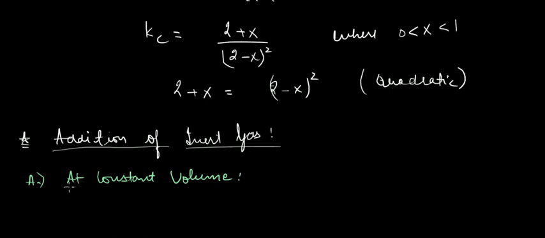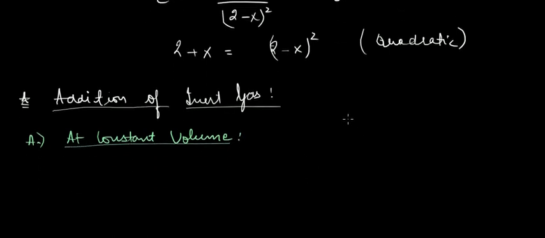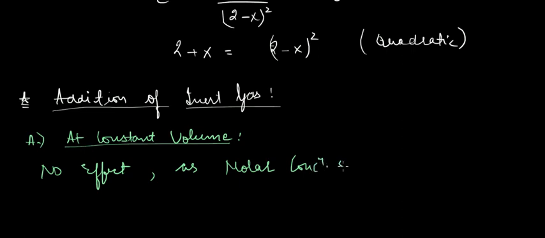At constant volume, if the inert gas is added, then there would be no effect. And why would there be no effect? As the molar concentration of every gas remains constant.